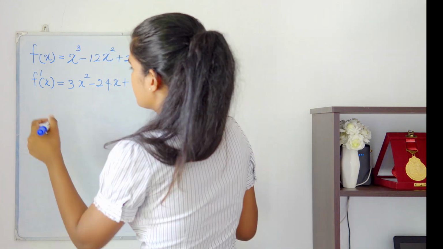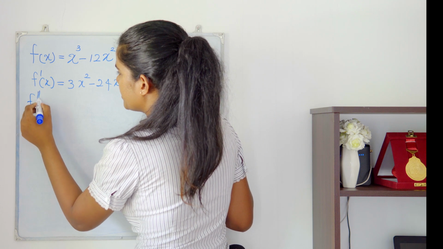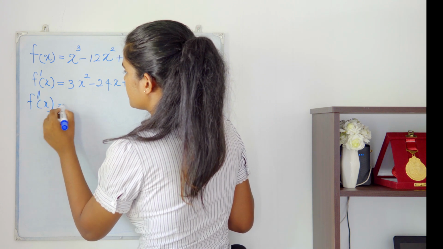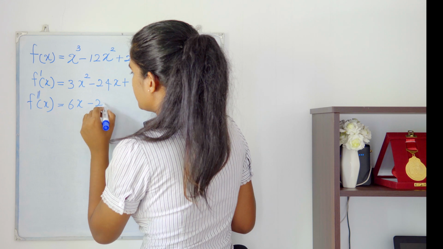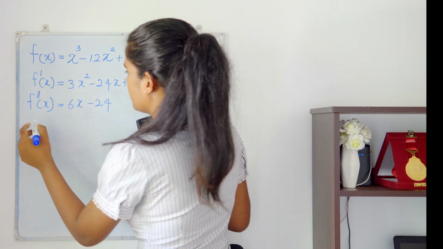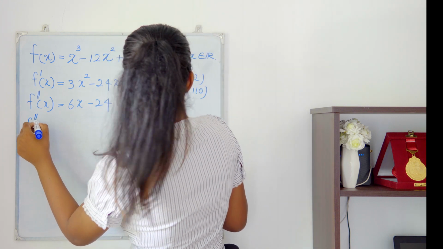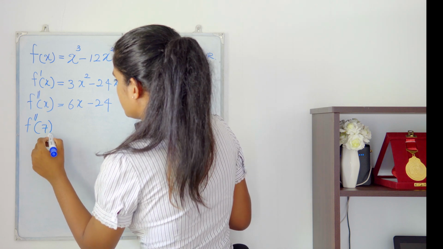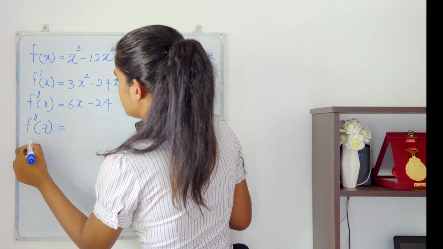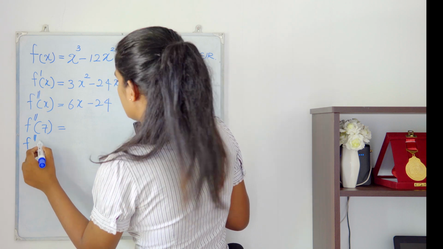To check it, we have to use the second derivative of this function, right? 6x minus 24. We have to put number 7 and we have to put number 1.